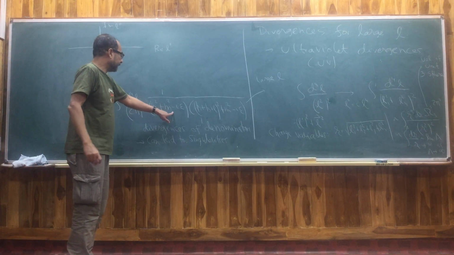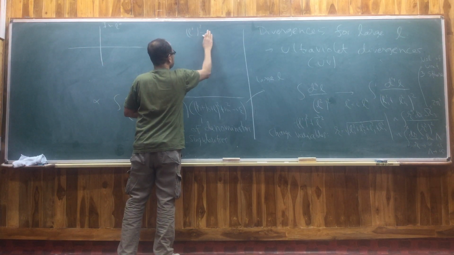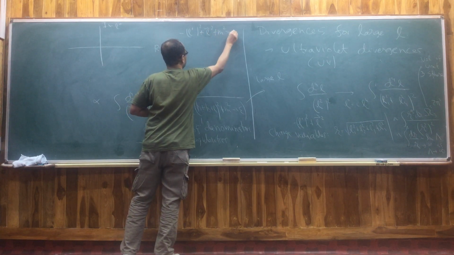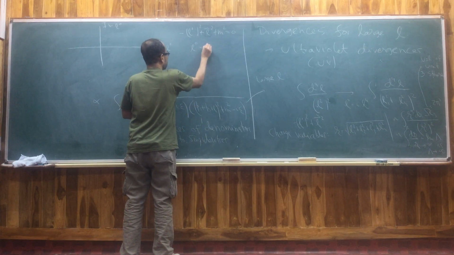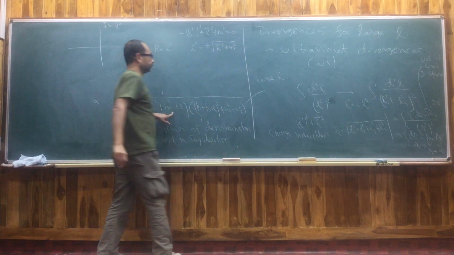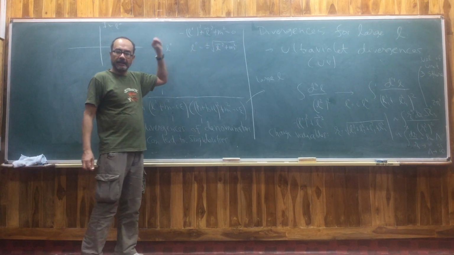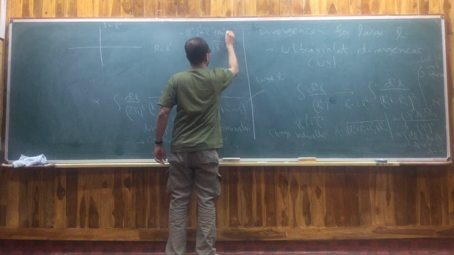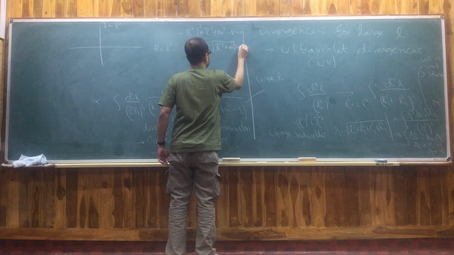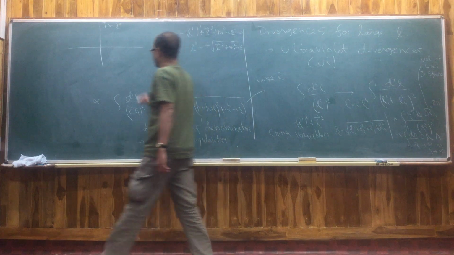This one has zeros at L0 squared plus L squared plus M squared equal to 0, which gives L0 equal to plus or minus the square root of L squared plus M squared. Now let's put in the i epsilon, minus i epsilon. So those are here and here.